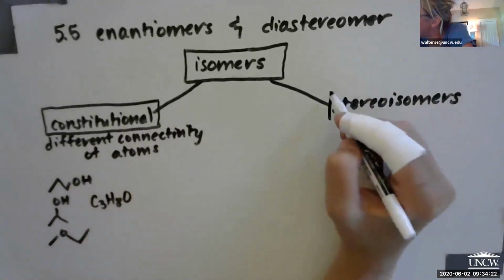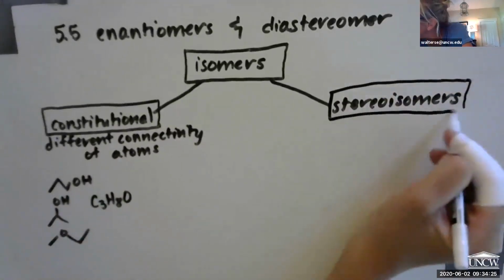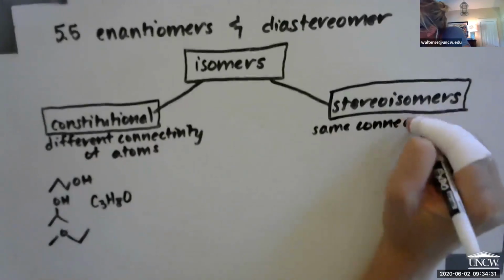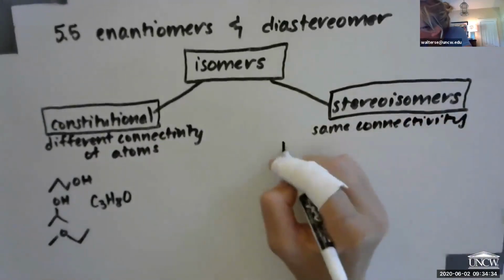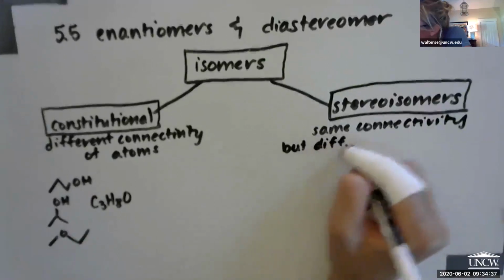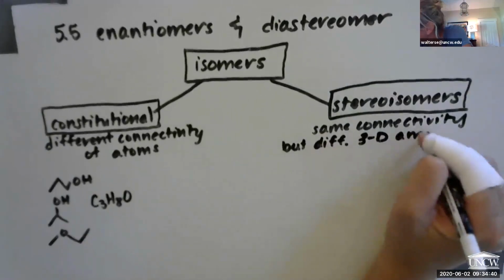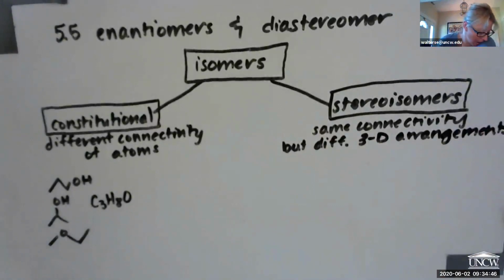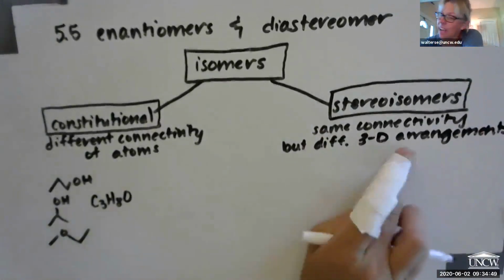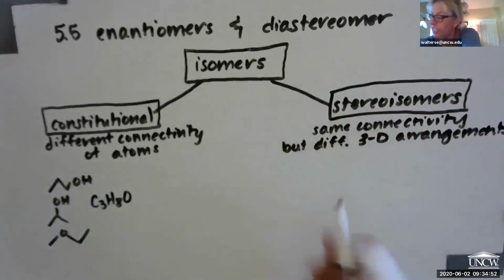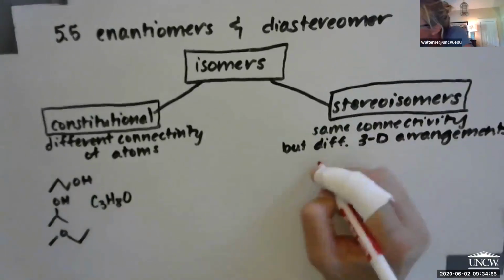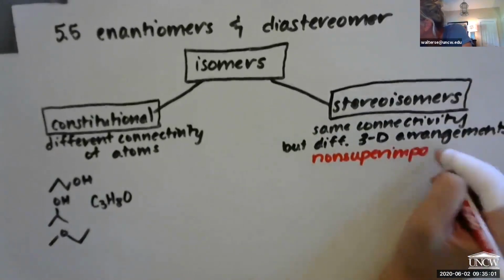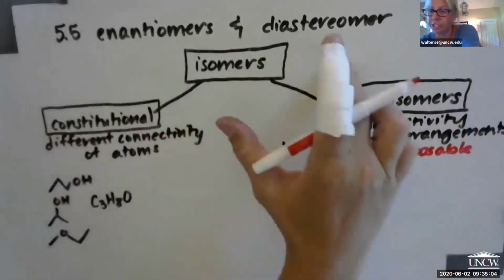Now, stereoisomers have the same connectivity, but they have different 3D arrangements. Because they have different 3D arrangements, all stereoisomers are non-superimposable. That's true of both enantiomers and diastereomers.